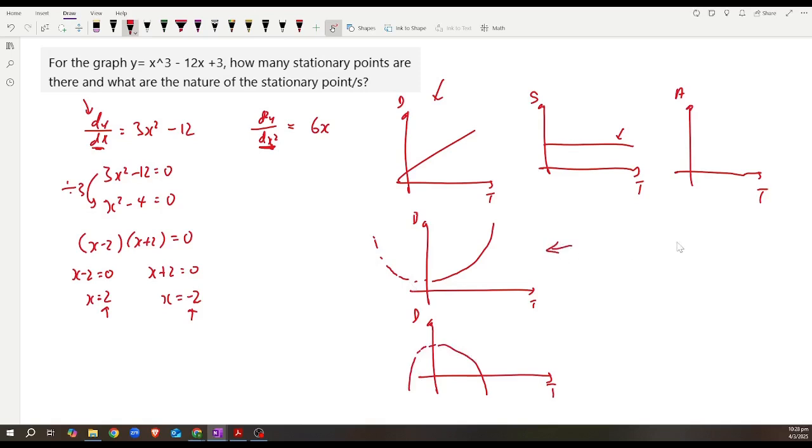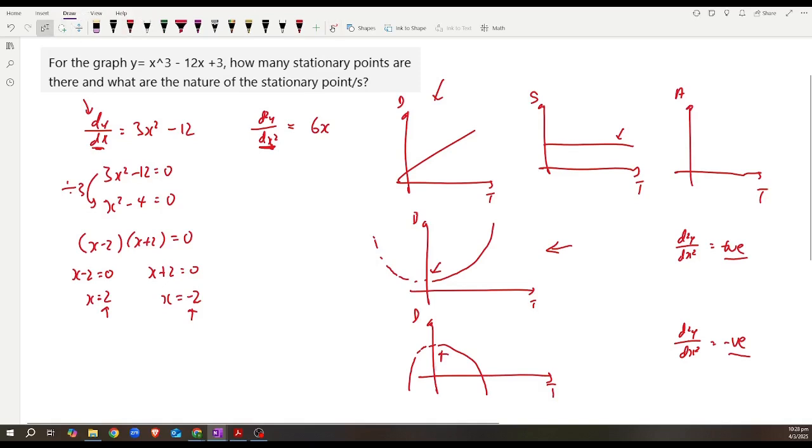So in the first case, our acceleration is positive, so d squared y over dx squared is positive. In the second scenario, d squared y over dx squared is negative because this is deceleration. So that's exactly how the second derivative test tells us if there's a maximum or minimum point. If it's positive, it's a minimum point. If it's negative, it's a maximum point.